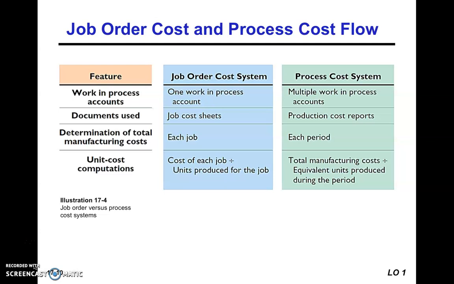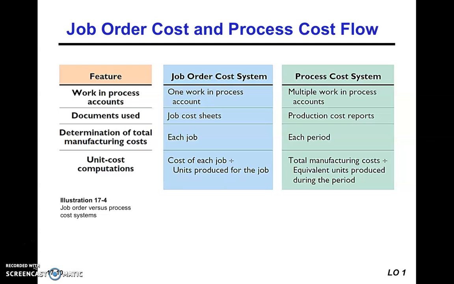In a process cost system, as I mentioned, you will have one work in process account for each process, for each department. Now, the name of the document that accumulated the cost of the job under job order cost system was the job cost sheet. Under process cost system, it is called the production cost report.